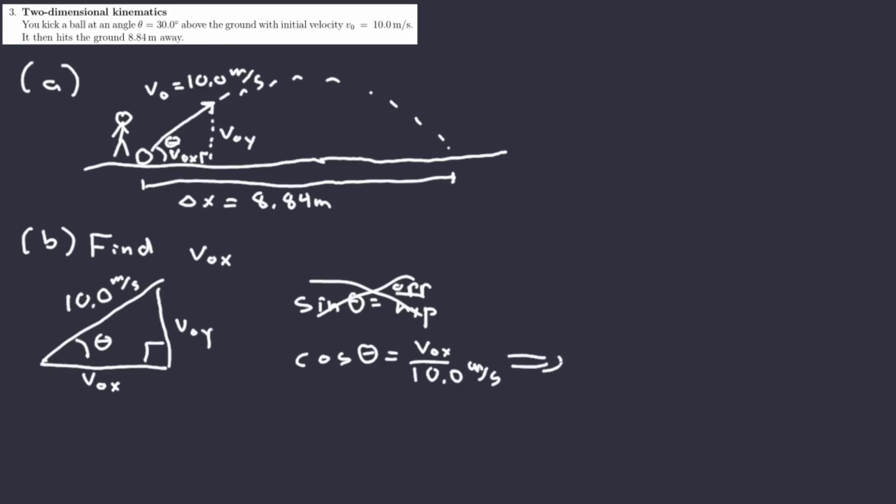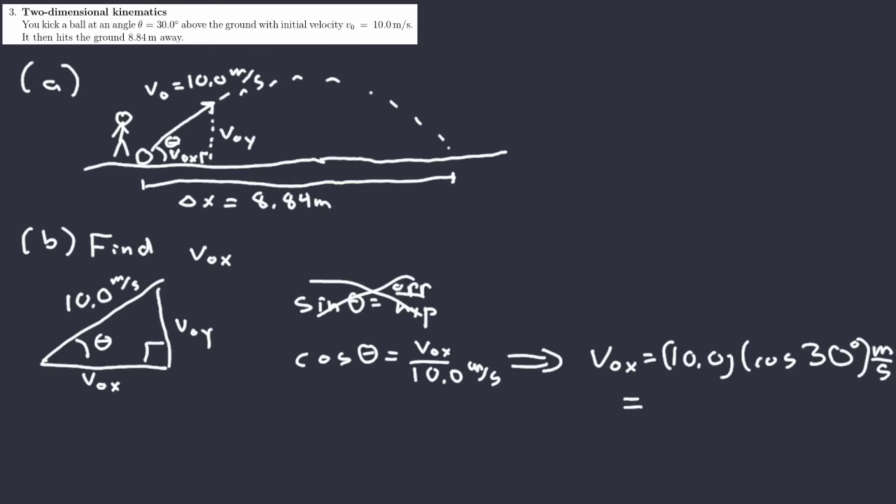So if we rearrange this by multiplying both sides by 10 meters per second, then we get that v0x is equal to 10.0 times cosine of 30 degrees. And this is in meters per second.